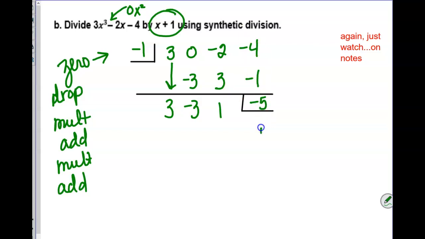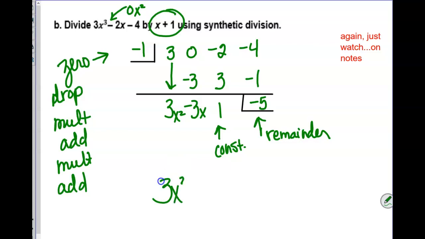This is your remainder. Always, whatever that last item is it's a remainder. Then this is your constant term. This term gets an x for a linear term, and this term gets an x squared.